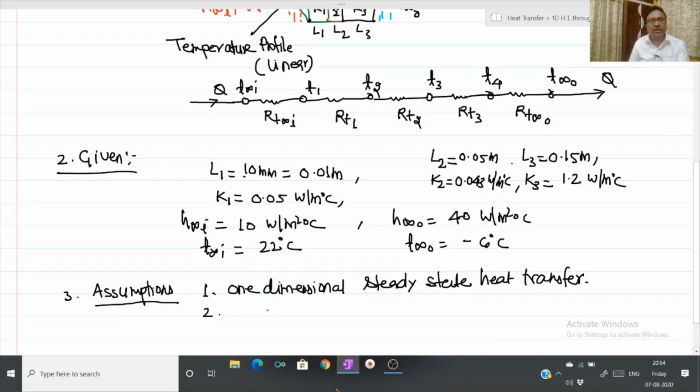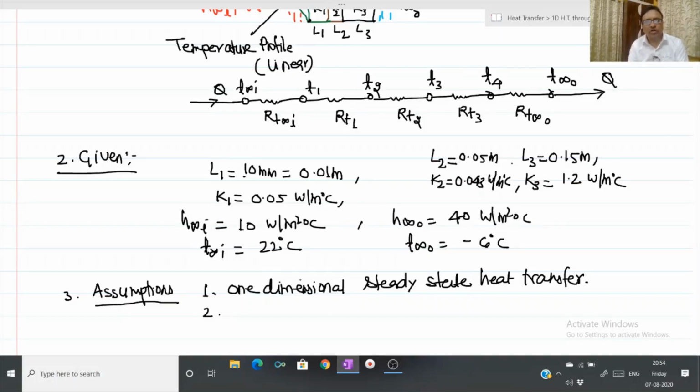The second assumption will be, since it is a composite wall, so there are two interfaces, and we know whenever there are interfaces, the fluid layer, the solid layers, if they are not in perfect contact, thermal resistance may come into picture.